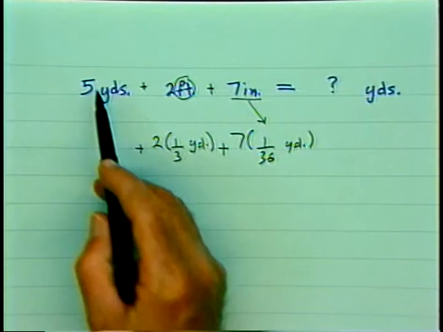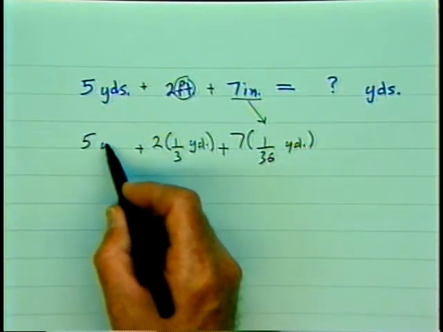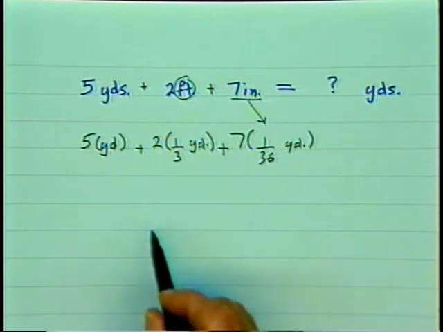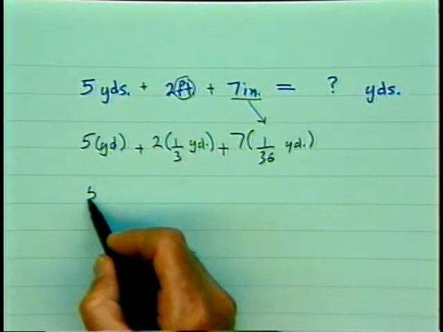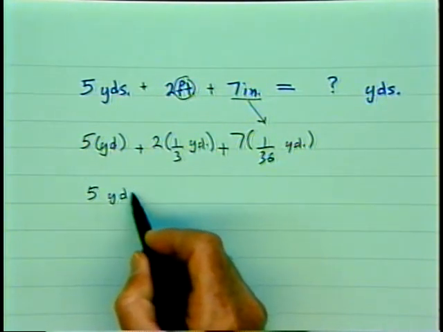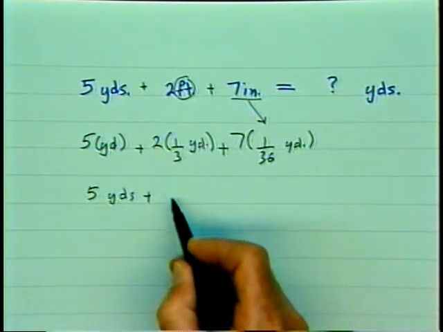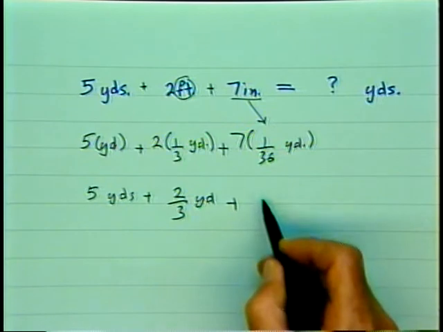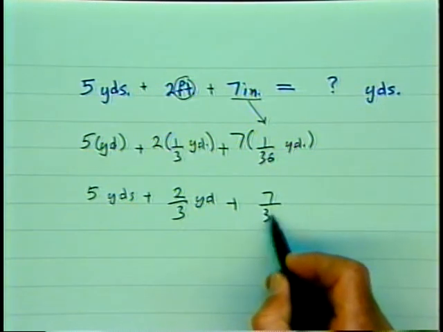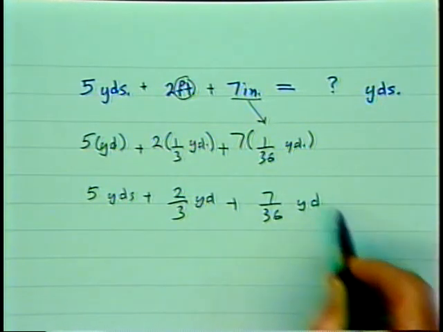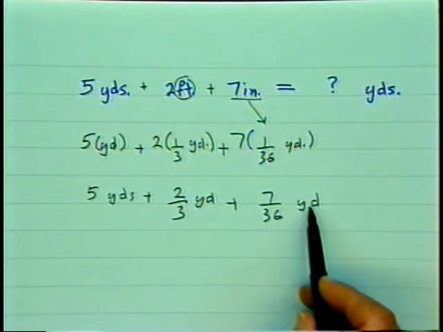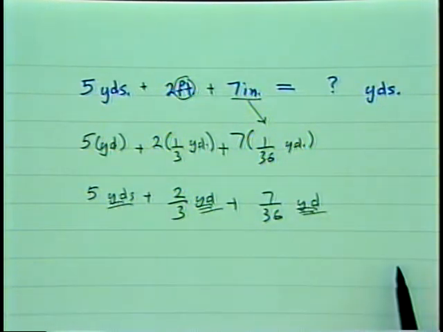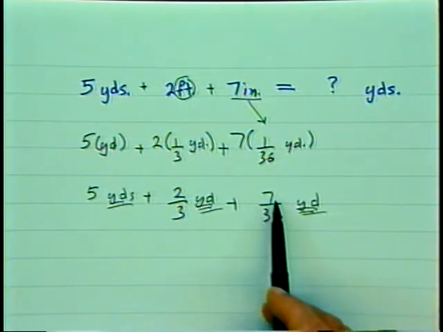And of course, yard here is what I want. So now I have 5 yards plus 2/3 of a yard plus 7/36 of a yard.